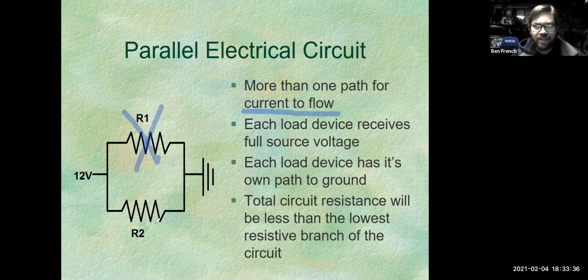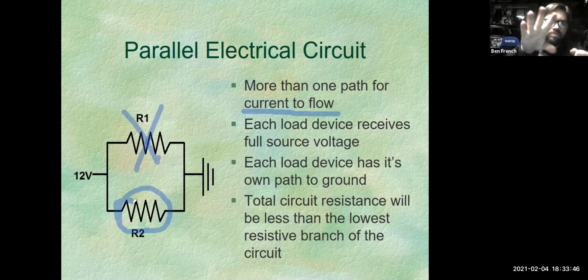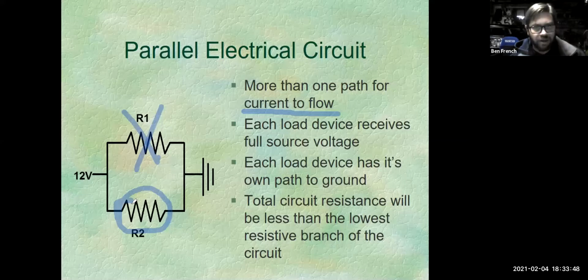If that failed, well, guess what? Resistor 2, he'd keep on working. And that's why we like to use those, right? So if one of your headlights, if the bulb goes out, the other one stays working. And so that makes sense for a lot of circuits in our vehicles and in our lives in general, right?